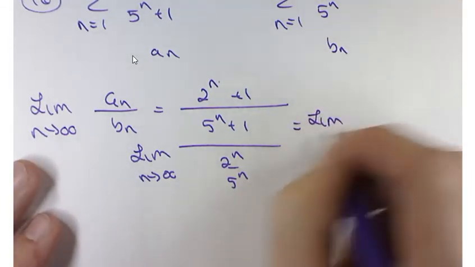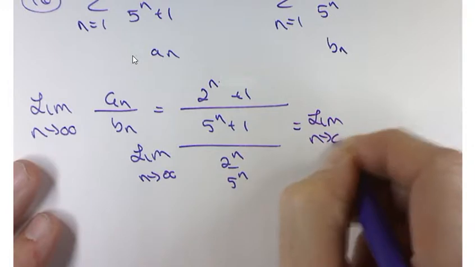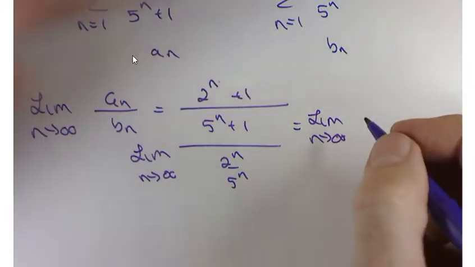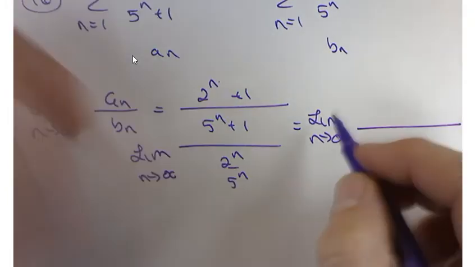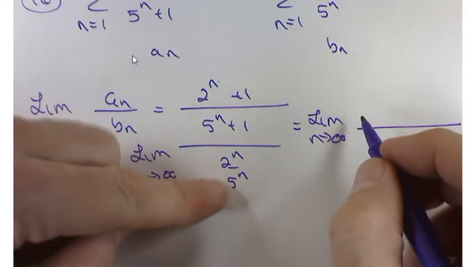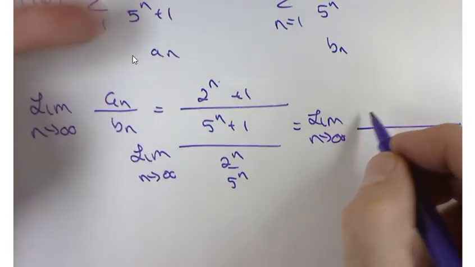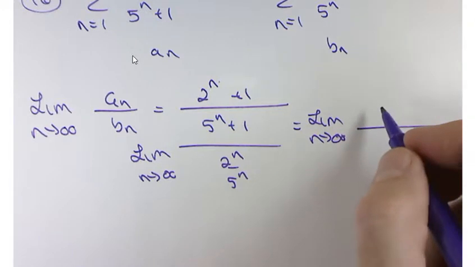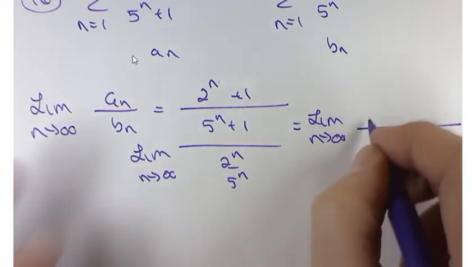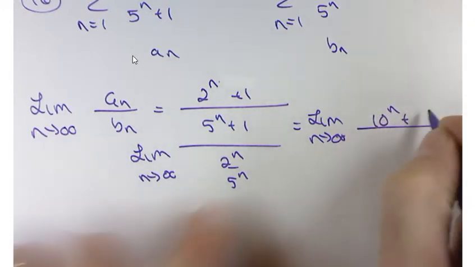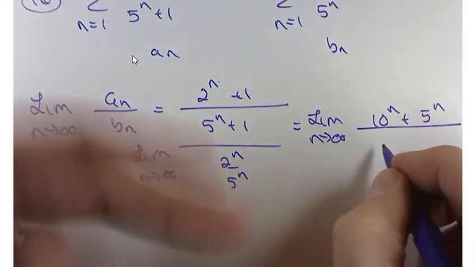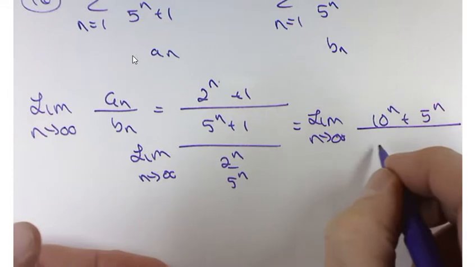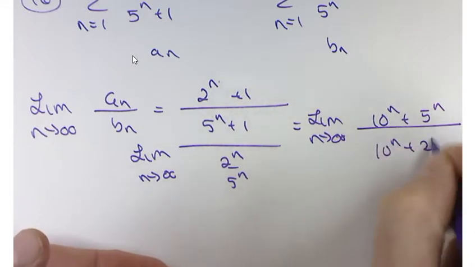So that's going to be the limit as n approaches infinity. When you invert and multiply, let's see what we're going to get. I'll have 2 to the n times 5 to the n, that'll be 10 to the n, plus 5 to the n over, multiply again, so that'll be 10 to the n plus 2 to the n.